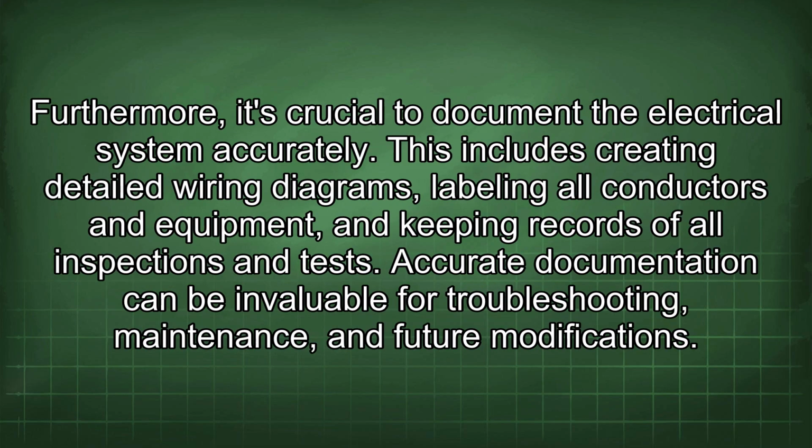Furthermore, it's crucial to document the electrical system accurately. This includes creating detailed wiring diagrams, labeling all conductors and equipment, and keeping records of all inspections and tests. Accurate documentation can be invaluable for troubleshooting, maintenance, and future modifications.